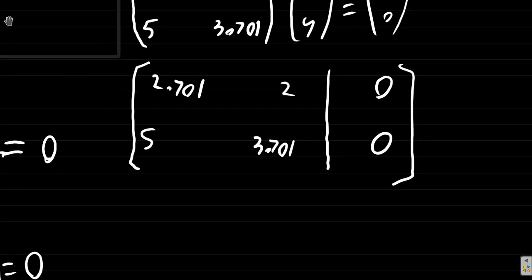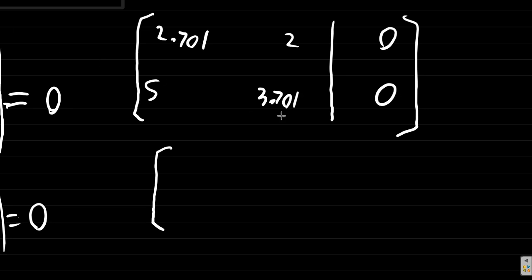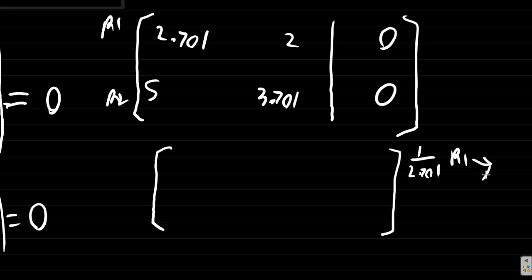Now, let us do a little elimination with this. Let us say we have 1 over 2.701 row 1. Remember, this is row 1, row 2, which will lead us to our new row 1.